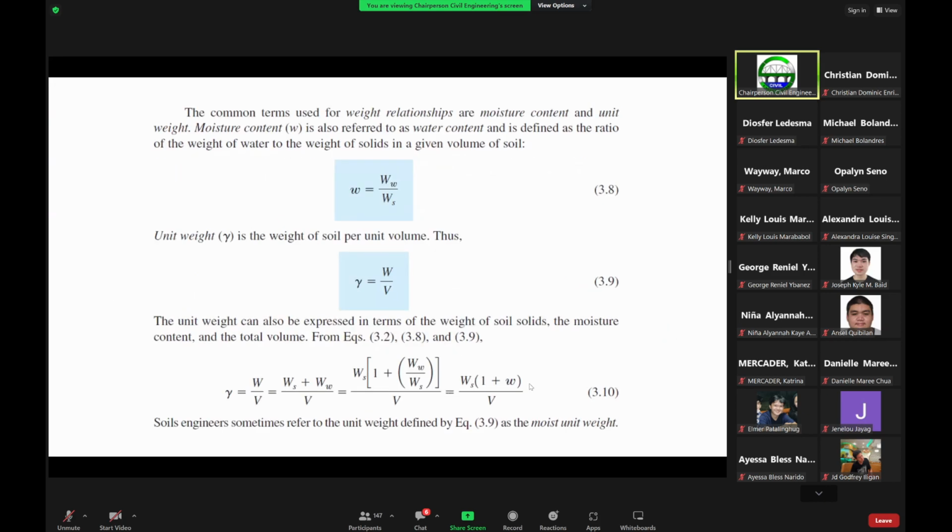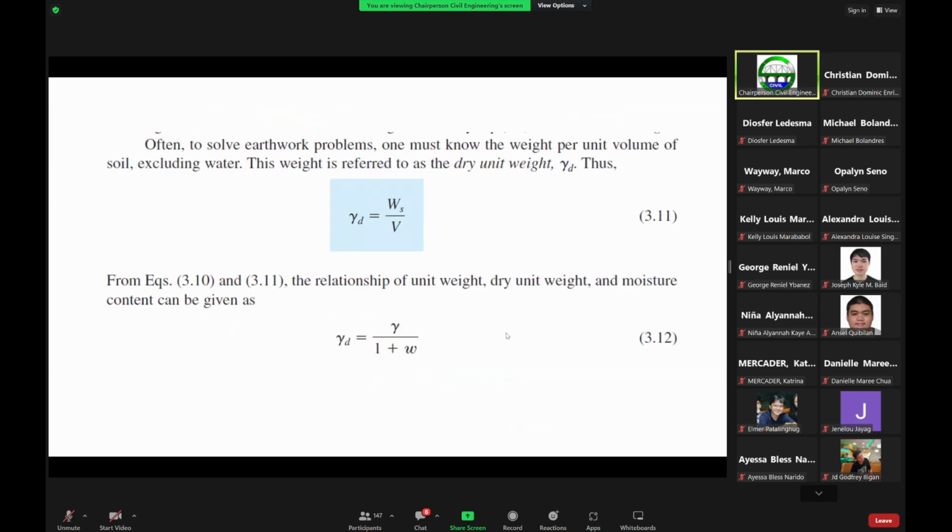If we combine equations 3.10 and 3.11, then we can have this relationship wherein the dry unit weight is equal to the unit weight, or the moist unit weight, or sometimes also called the total unit weight, over 1 plus the moisture content, or the water content.